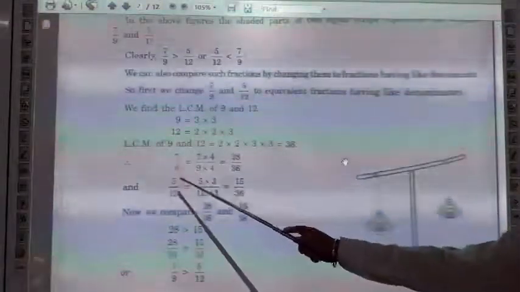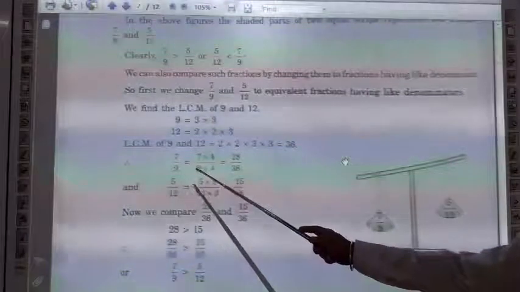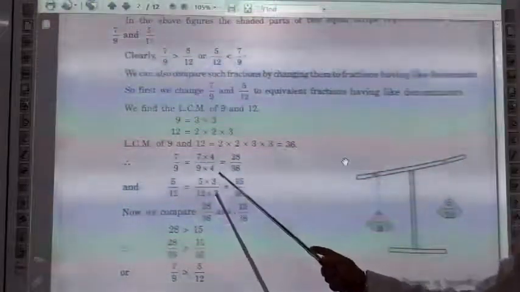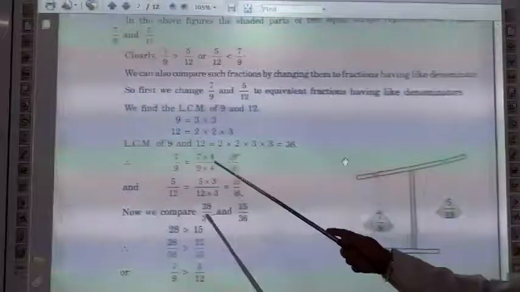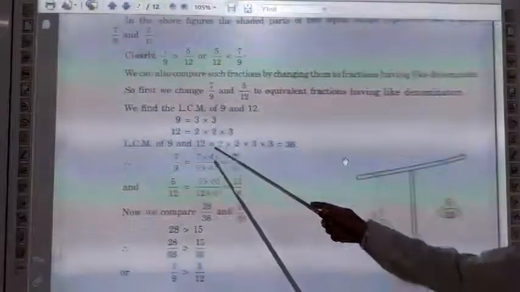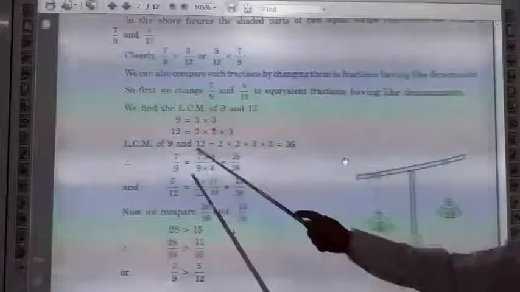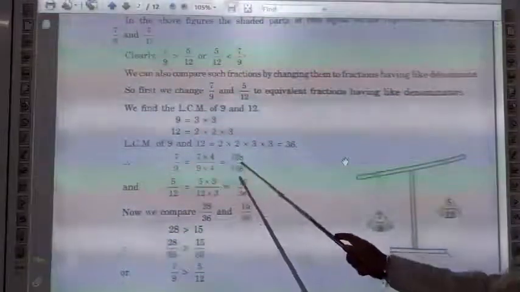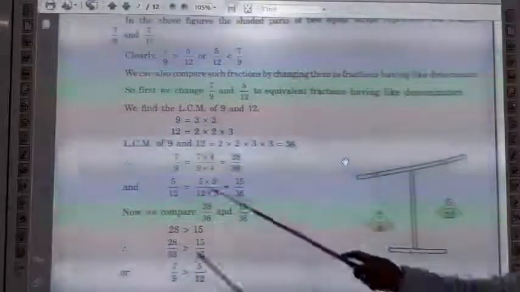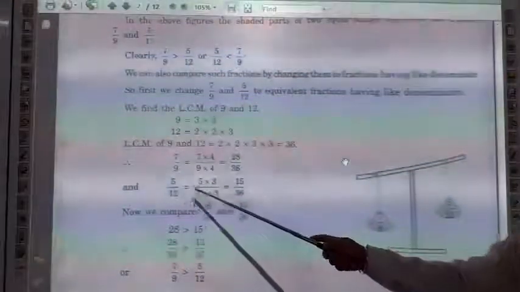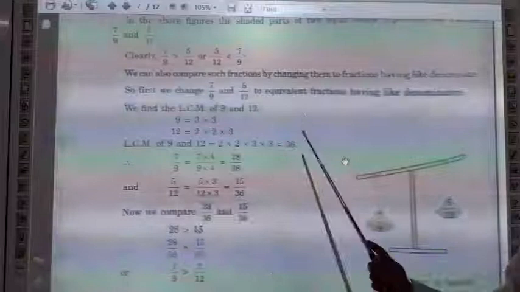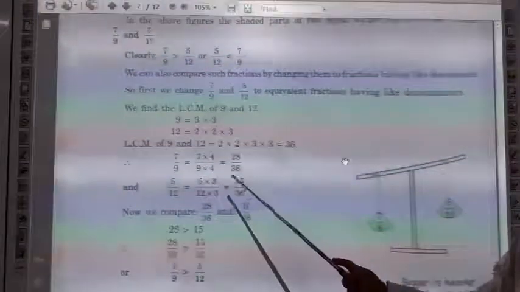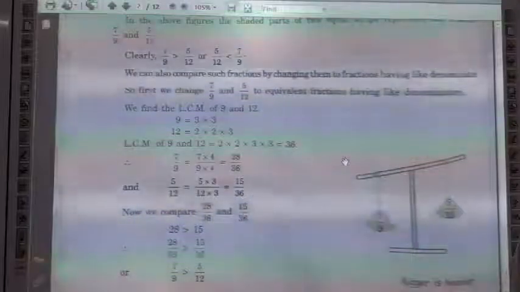So 7/9 is equal to, LCM is 36, 9 fours are 36. The same number is multiplied to numerator and denominator. 7 multiplied by 4 is equal to 28. 9 multiplied by 4 is equal to 36. And 5 upon 12 is equal to, LCM is 36, 12 threes are 36 and 5 threes are 15, so 15 upon 36.